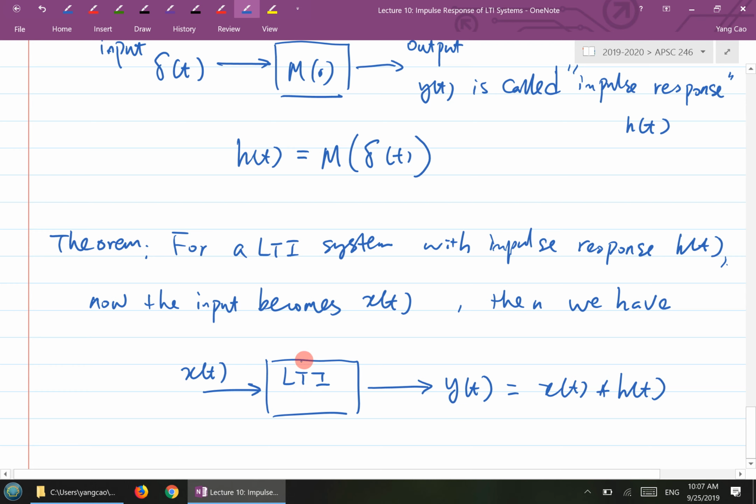You're dealing with the LTI system, and you have the impulse response. Then you look at the result. The result says the output corresponding to the input x of t is actually x of t convolved with h of t. That's basically what this theorem tells you. It's a very powerful theorem.